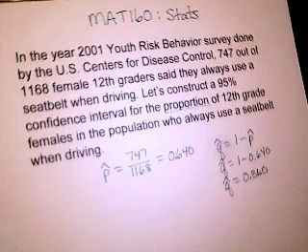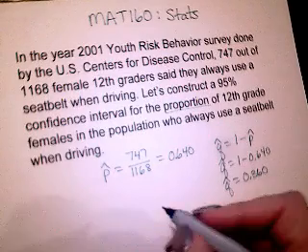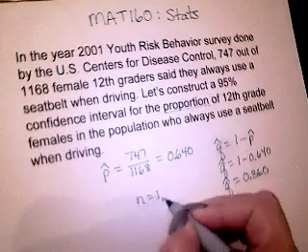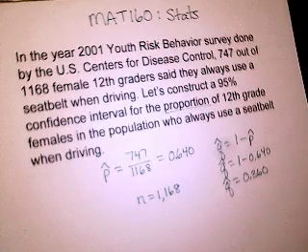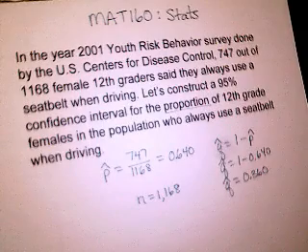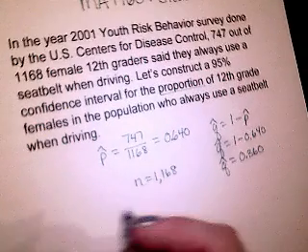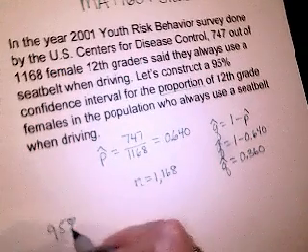All right, so there's the two values we need to know. We know that our n in this case was 1,168. That's how many students they talked to. And in this case, they want a 95% confidence interval, so a 95% CI.